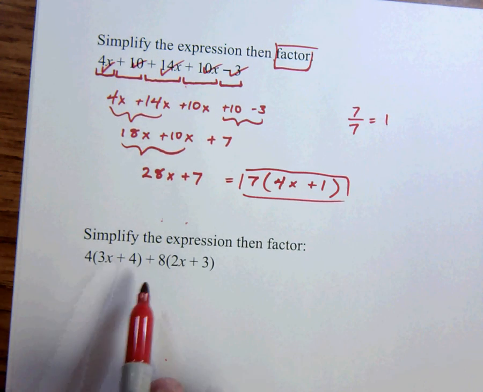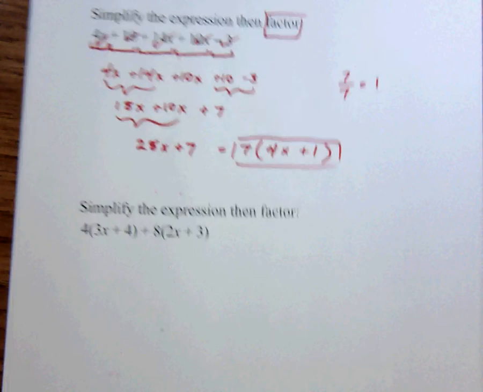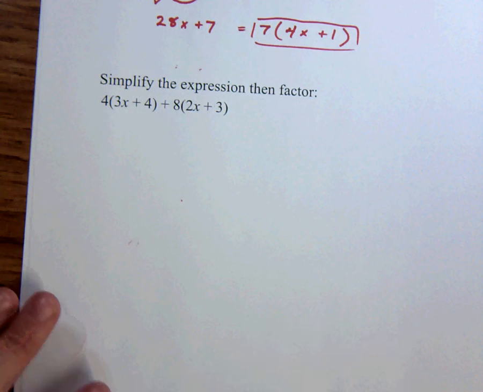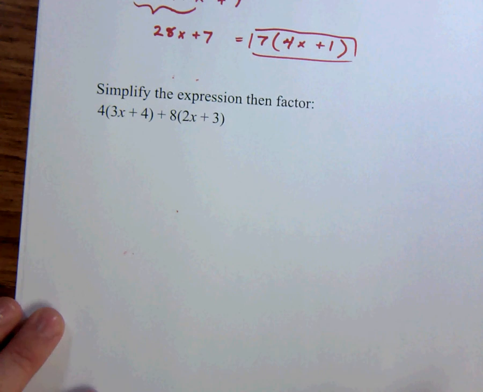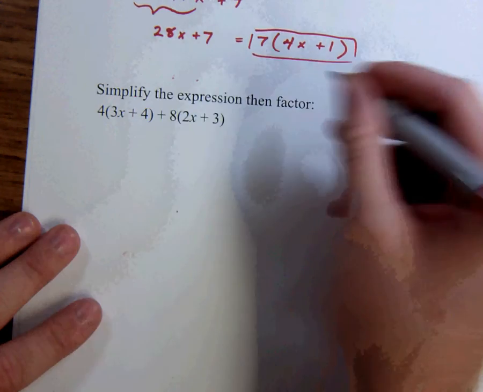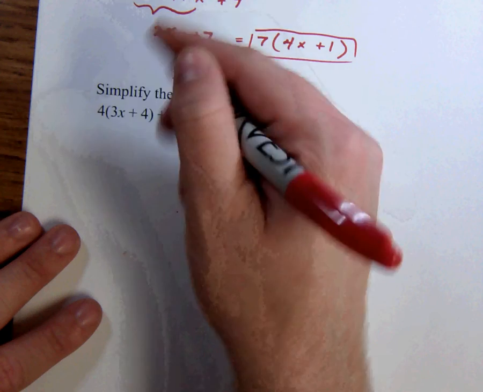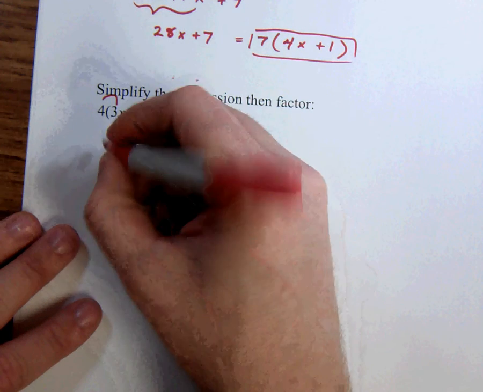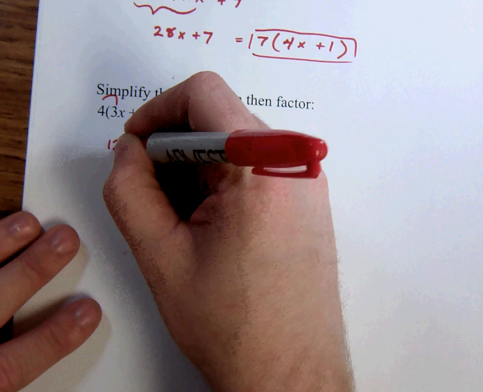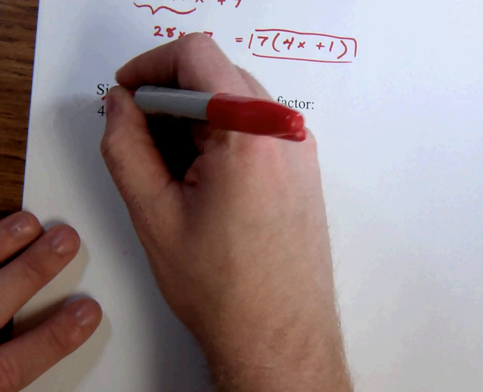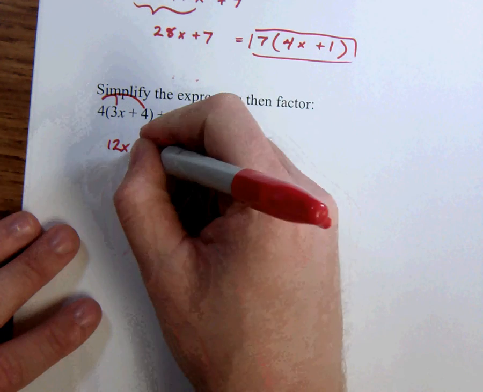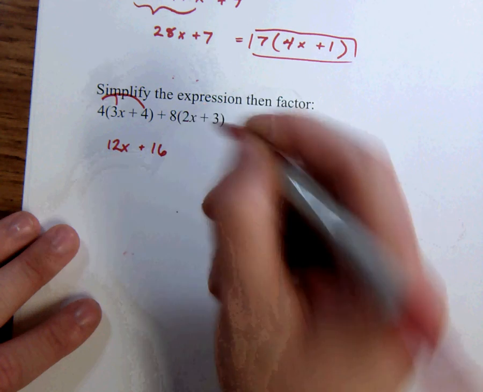Now, this one right here, same question, different numbers, slightly more complicated. So I'm going to expand first. So I'm going to say 4 times 3x, which is 12x. 4 times 4, which is 16.